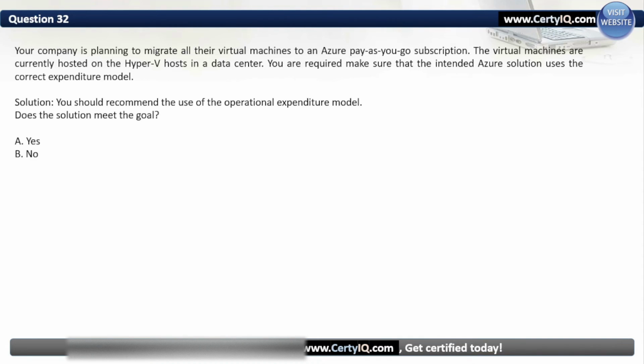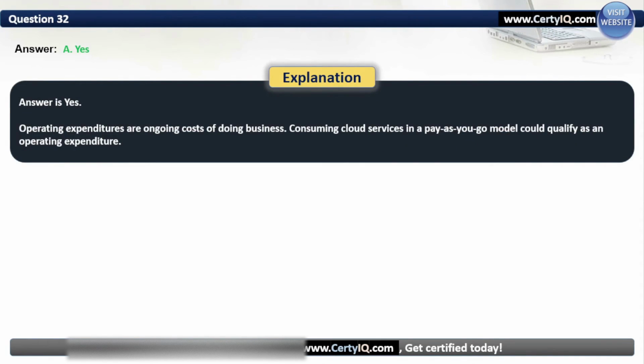Solution: you should recommend the use of the OpEx model. Does the solution meet the goal? The correct answer is A. Yes. Operating expenditures are ongoing costs of doing business. Consuming cloud services in a pay-as-you-go model could qualify as an operating expenditure.